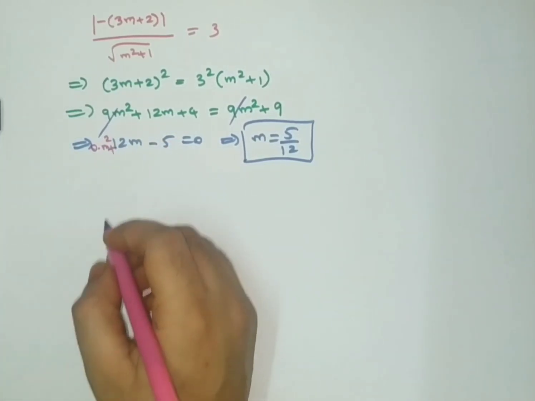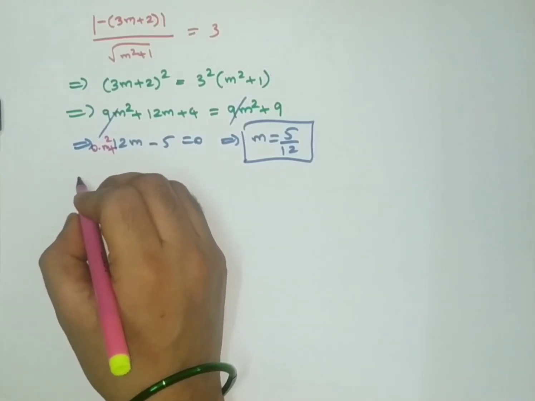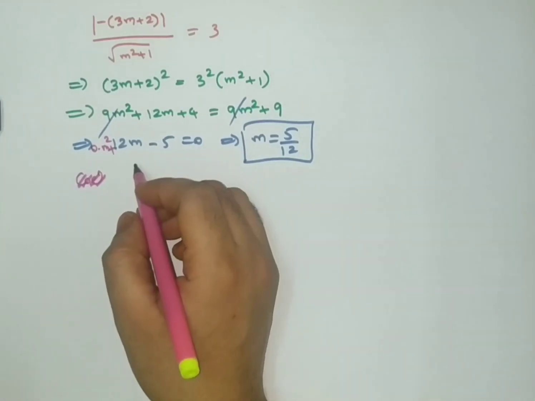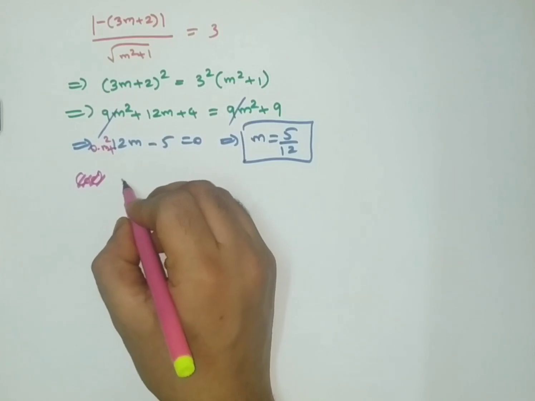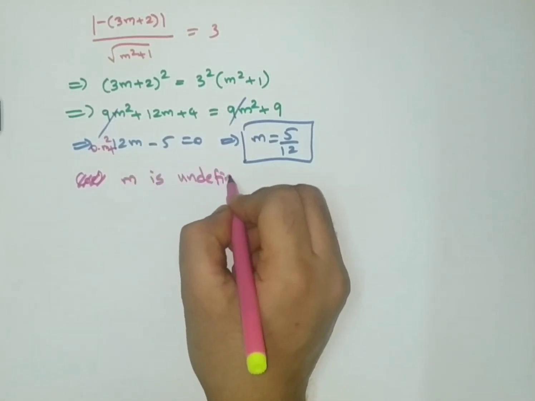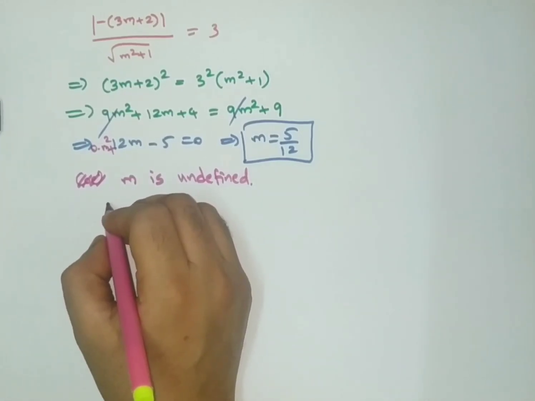So what is the other root? The coefficient of m square is zero, so the other root is that m is undefined. If m is undefined, what is the equation of the line?